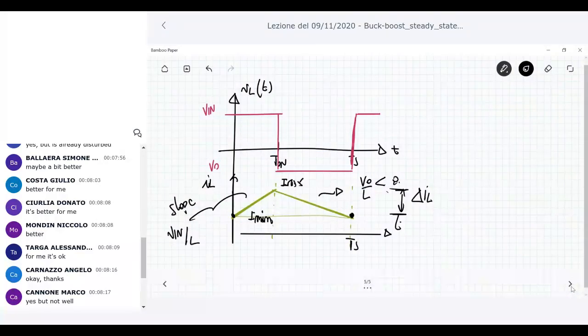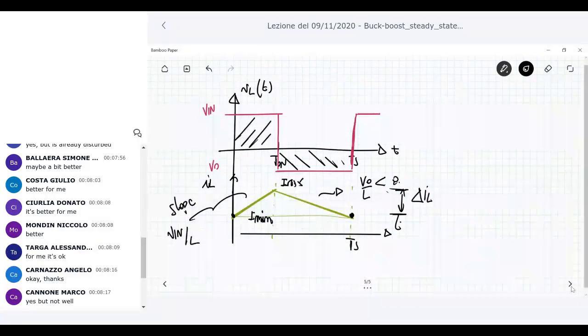What does it mean, steady state? It means that you can apply the volt-second balance on the inductors. So across any inductor in steady state operation, you cannot have any DC value. No DC voltage can be applied to a steady state inductor. So that means that the two areas here, positive and negative, across a period should be the same.